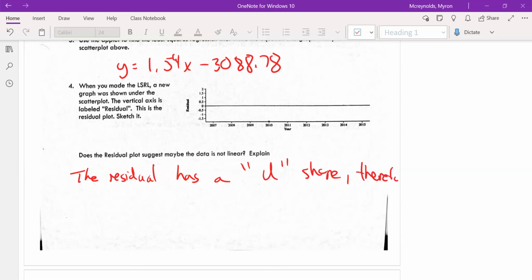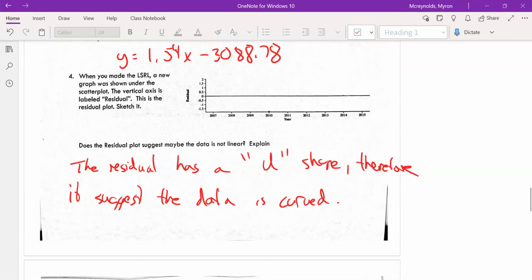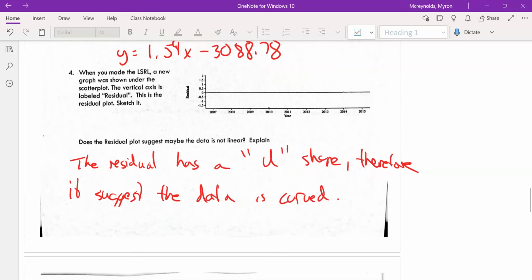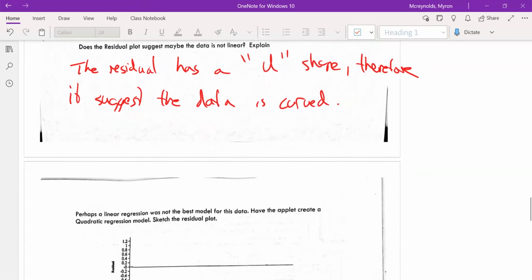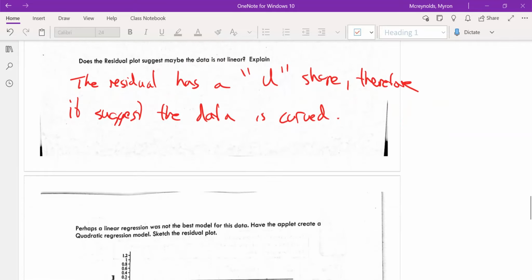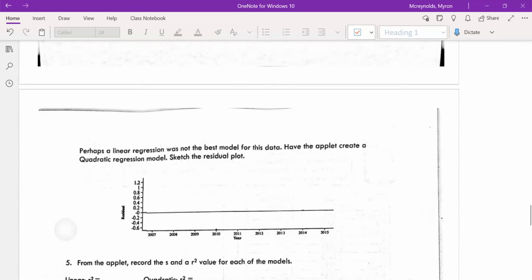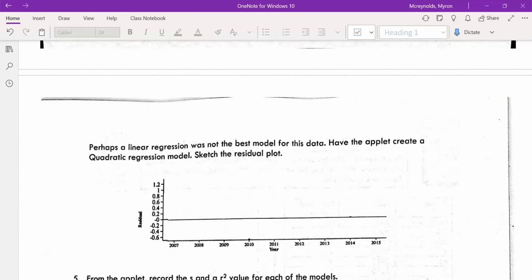Therefore, it suggests the data is curved. So that would suggest that our data is probably curved. And we need to keep that into consideration here as we go on to the next part of the problem, because perhaps a linear regression is not the best model for this data.